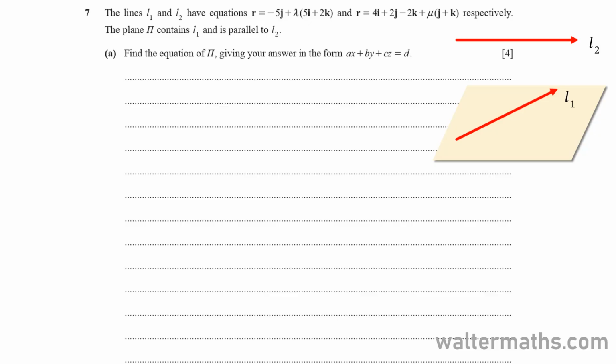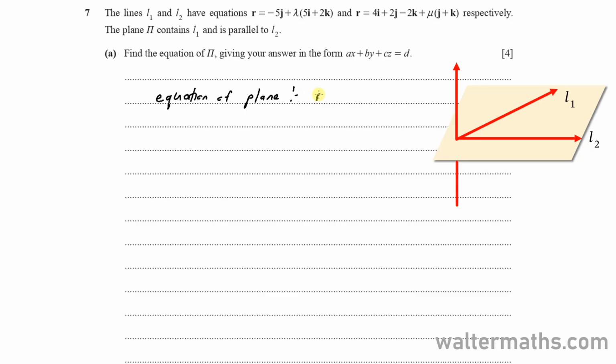In order for us to find the equation of the plane pi, we'll need to find the normal to the plane. So we'll make use of the direction vectors of L1 and L2, so we can translate L2 to the plane and look for the normal. Here the equation of the plane will be in the form r dot n equals d, where n is the normal.